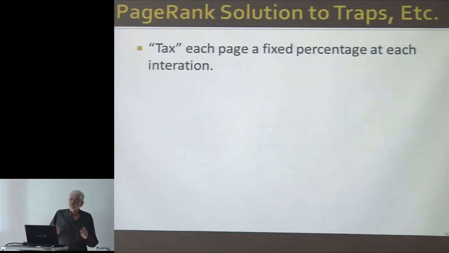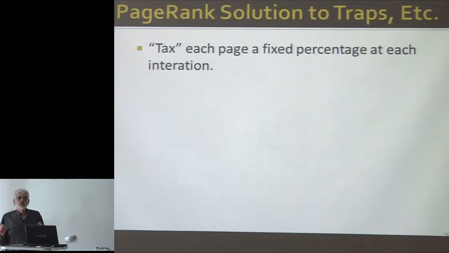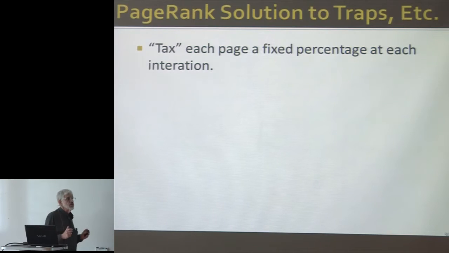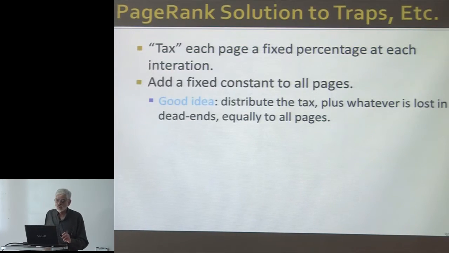The way to think of it is that they taxed each page, so that if you had at one round a page rank of 10, let's say, maybe there'd be a 20% tax. So they'd take 2 away from you. And as taxes are supposed to do, they're distributed evenly among everybody. Okay, that's how taxes work, right?